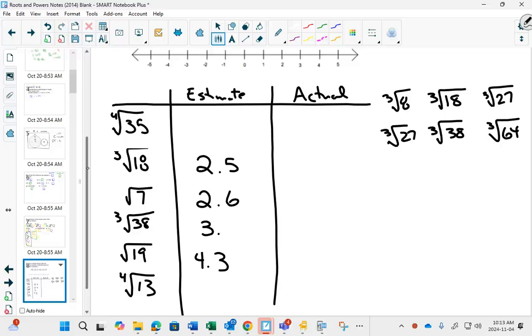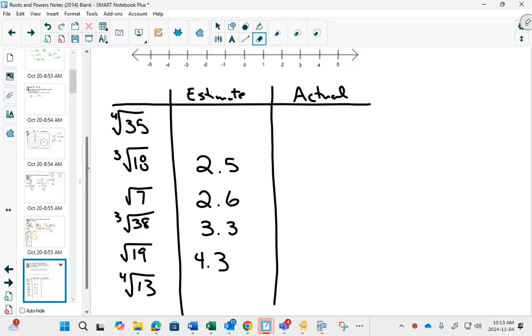It's only 11 away here, and it's like 26 away here. So I think it's closer to this one. I don't know, I'm going to try 3.3. When you're estimating, you're giving some sort of guess based on where that number is. So that's all of our cube roots. Now we'll do our fourth roots. We'll start with the smaller one, which is the fourth root of 13.